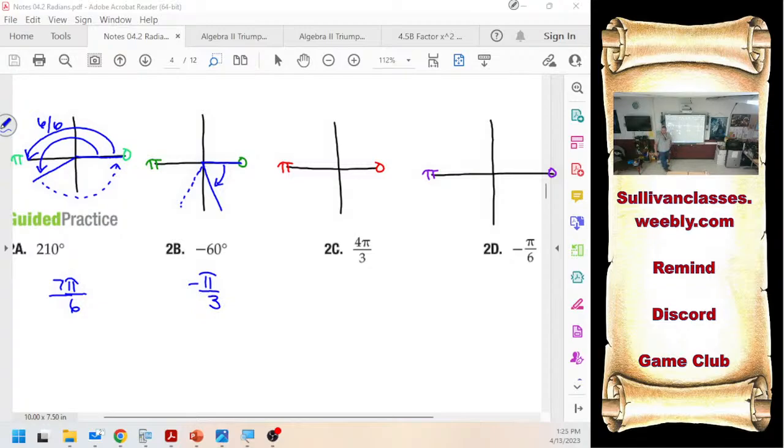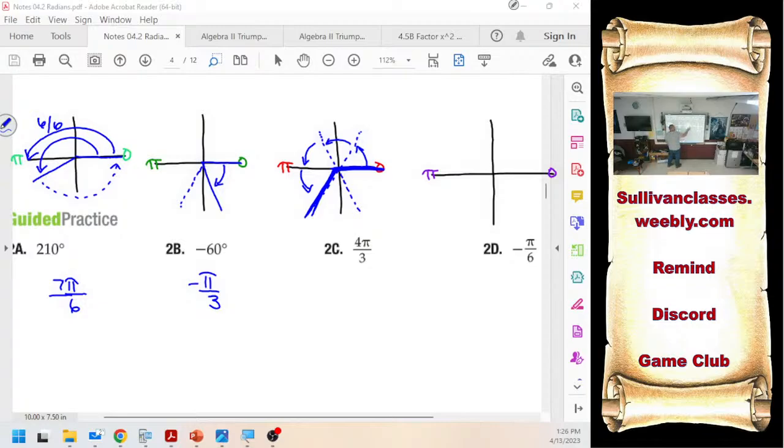4 pi over 3. If I say I'm going to cut this into thirds and cut this into thirds, the top half is in thirds, the bottom half is in thirds. If I just count by those, here's 1/3, 2/3, 3/3, 4/3. 4/3 of the way through that circle.